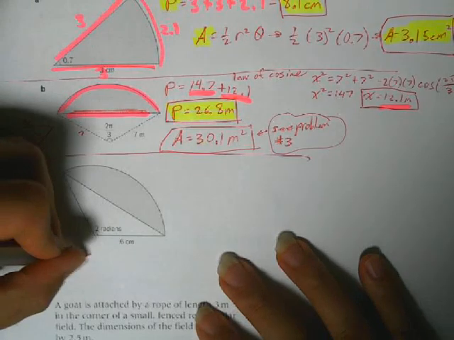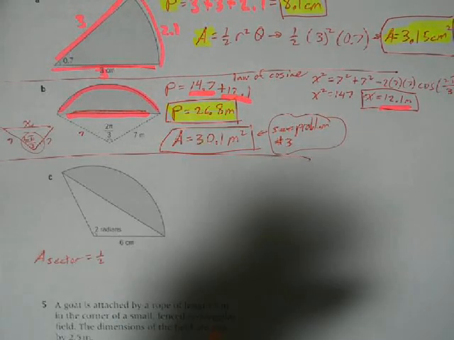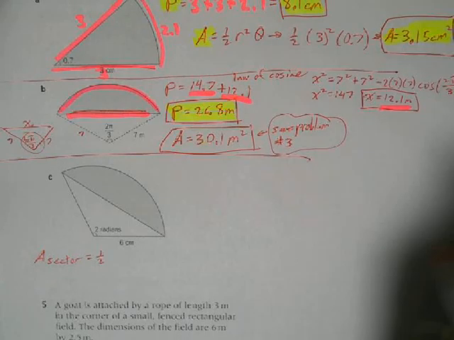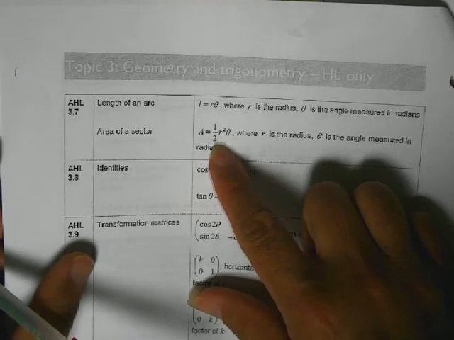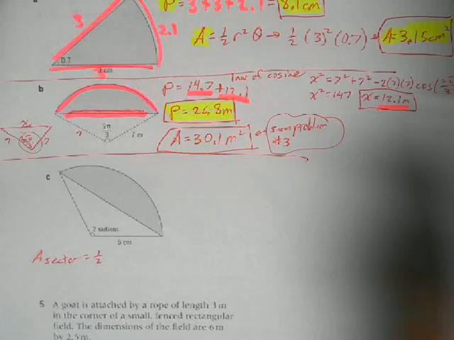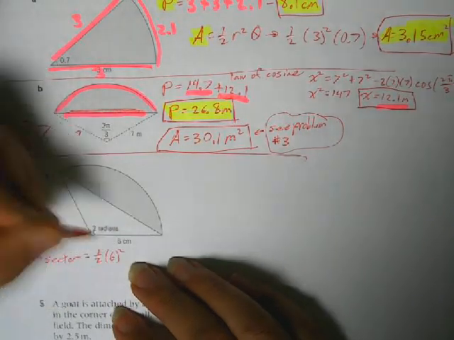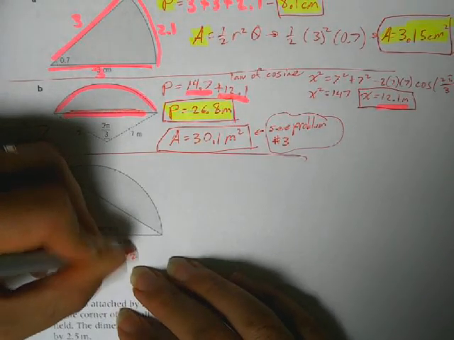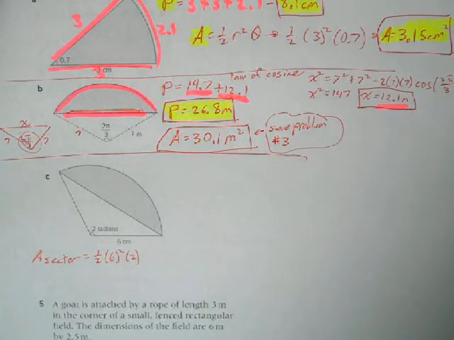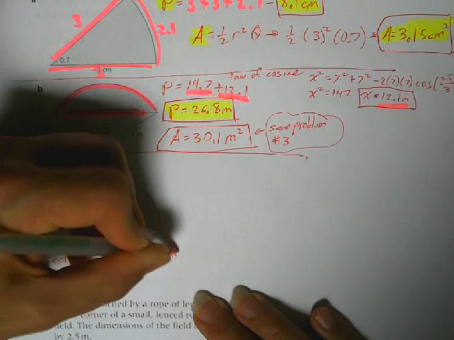What's our formula again? It's 1/2 the radius squared times the angle. So 1/2 times 6 squared times 2, and we know the area of the sector is 36 centimeters squared.